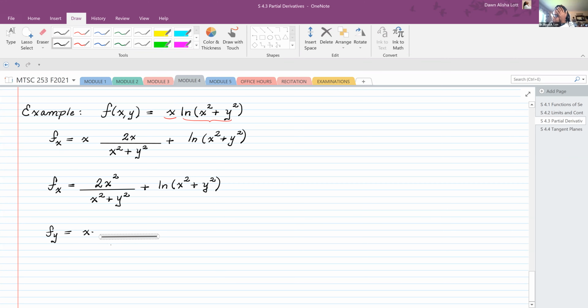The x squared plus y squared goes down here, and the derivative of what's on top is 2y. So now I get 2xy over x squared plus y squared. Notice how this one was a product rule, but the other one is not.